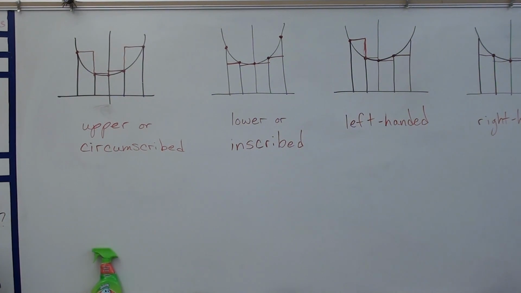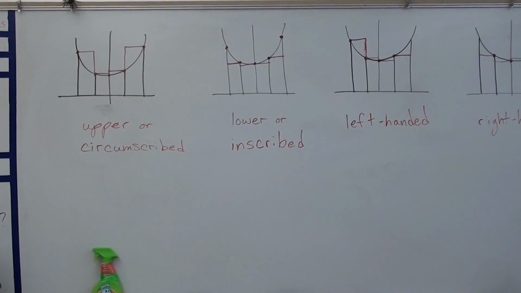The last type of rectangle that we're going to talk about is a midpoint or middle rectangle. Now midpoint rectangles, it's not the average of the heights, it's whatever the height is at the midpoint in the x values. So you find this middle point, wherever it hits the function, that's the height of your rectangle.